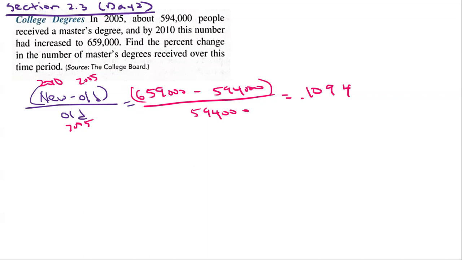All right, and then it says find the percent change. So all we need to do is multiply this by 100 to find the percent change. And then we get 10.94%. Okay, so that is the percent increase.